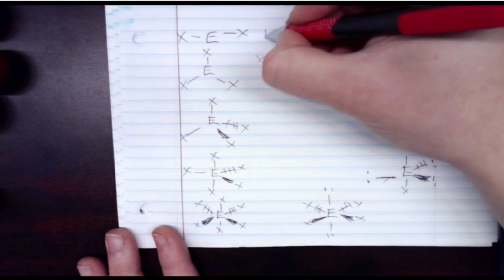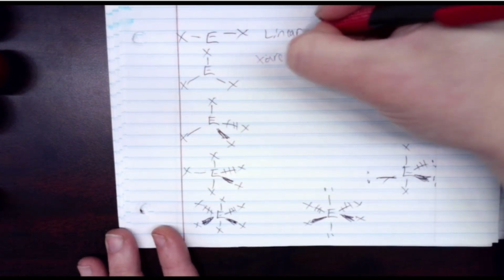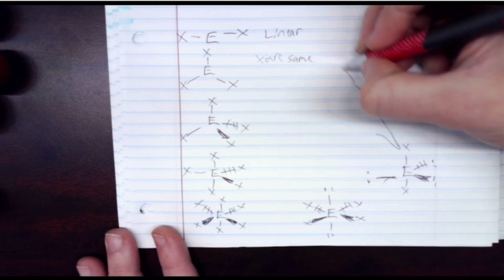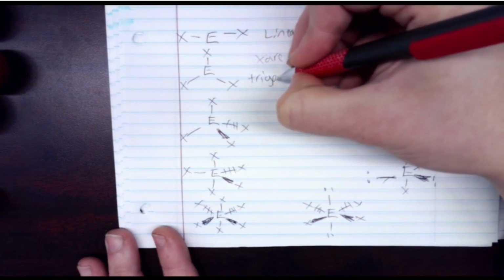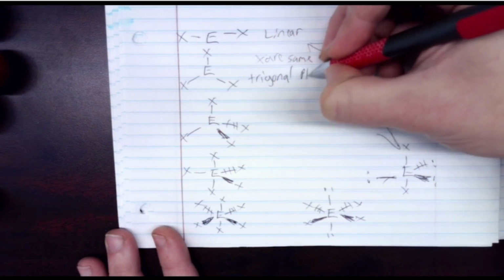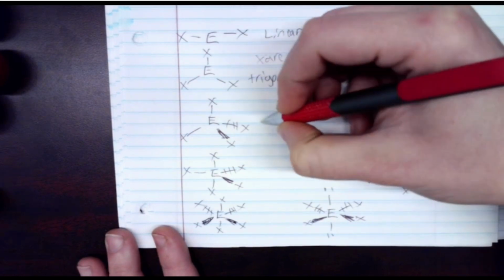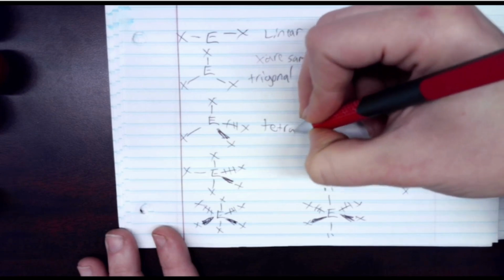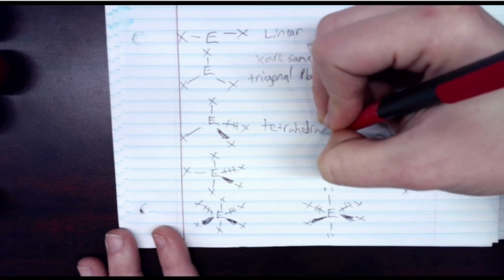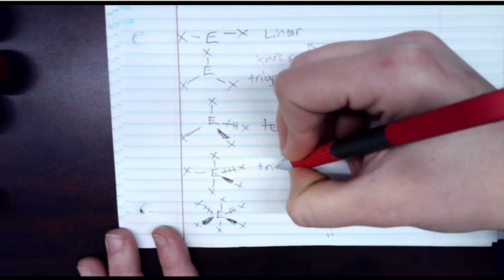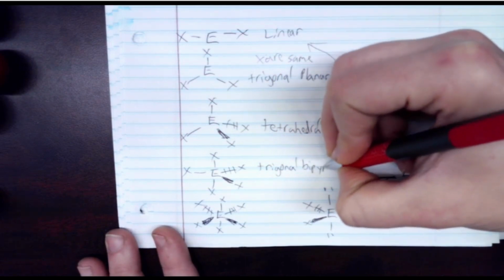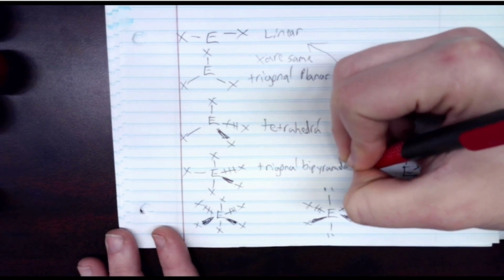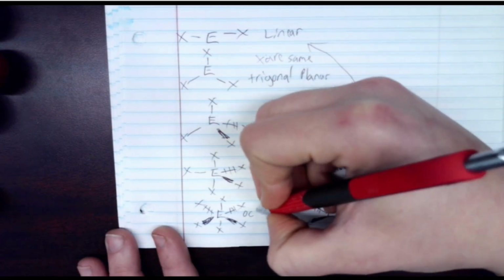So linear, trigonal planar, tetrahedral, trigonal bipyramidal, and octahedral.